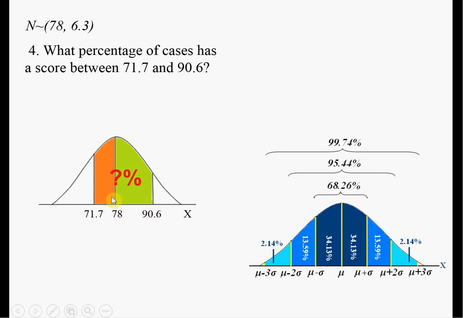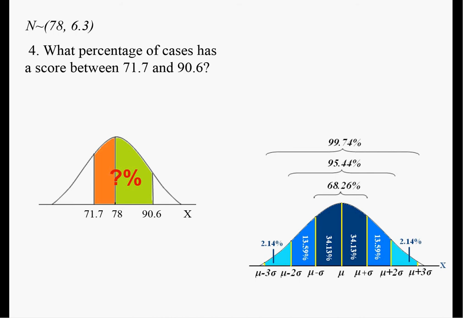Now we put two slices together to obtain the size of the entire interval. Now, how do we find the size from 71.7 to 78? Again, we need to first figure out between 71.7 and 78 how many standard deviations are there.